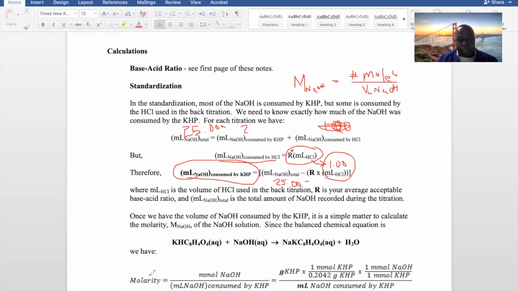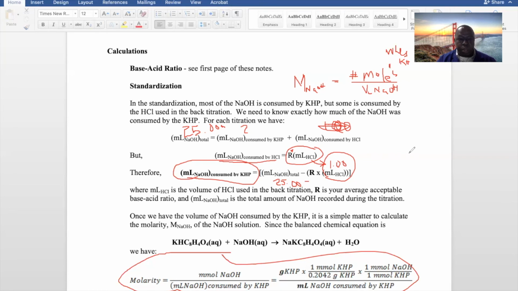This is the same as this equation here, but I like simplifying it by changing that ml to liters and plugging it into the equation. This number of moles is the same as moles of KHP for each round.